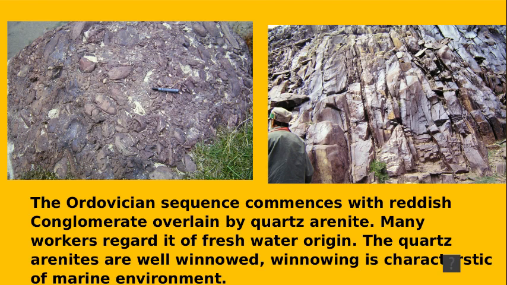There are views that this is red color and a fluvial deposit, but when we saw it, we found it's a very well sorted quartzite. Well-sorted quartzites without mud are not found in a fluvial sequence. Well-sorted quartzite is the result of winnowing, which takes place best in the beaches or the marine environment.